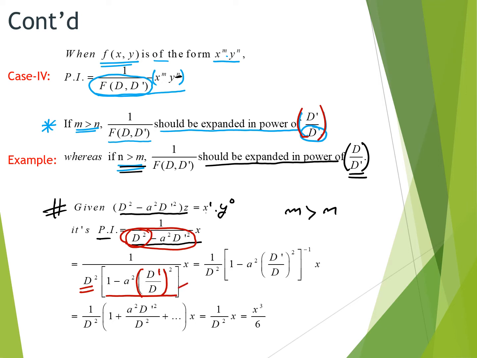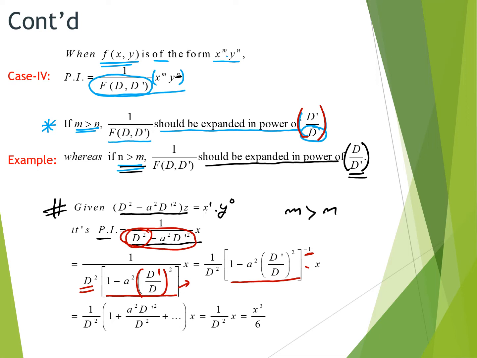Now taking this term upward, 1 by D square and (1 minus a square (D' by D) square) whole power minus 1 into the function x.